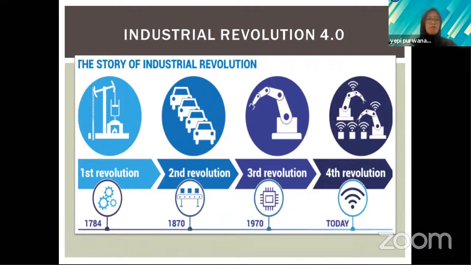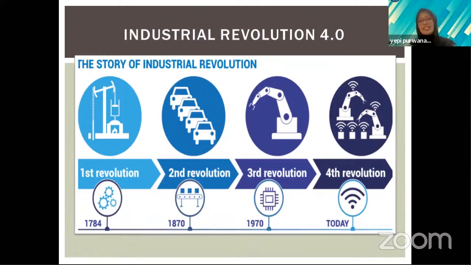Water power, steam power, all about the mechanics. And in the second revolution, in 1870, we have it different. The focus is on mass production, in assembly line and also in electricity.